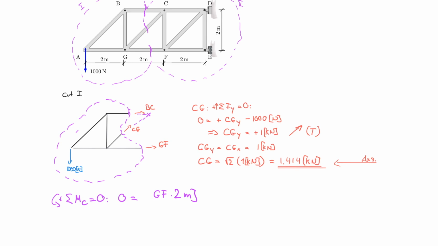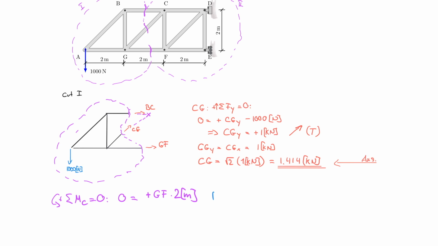And now I have to decide what the rotational sense is. If I assume GF in tension initially, it turns counterclockwise, so therefore it's positive. So positive GF.